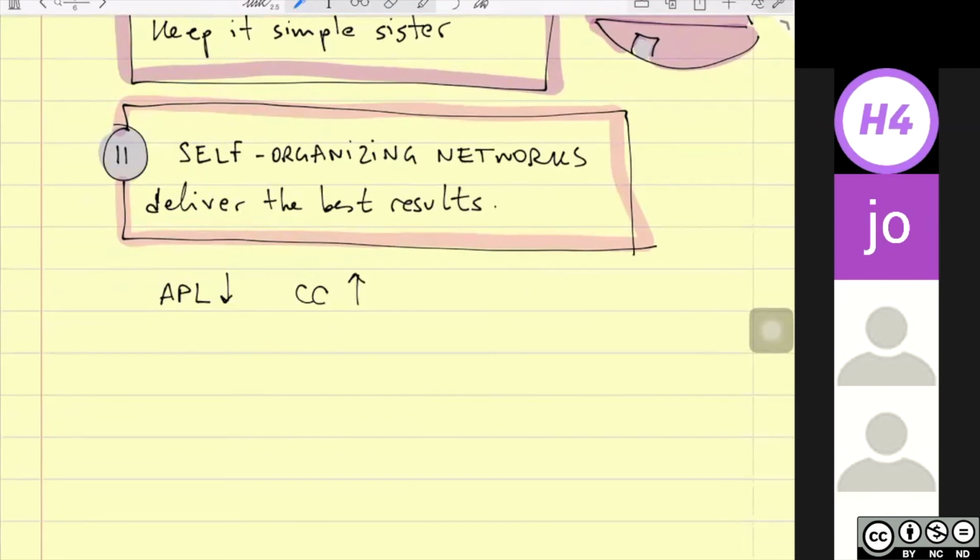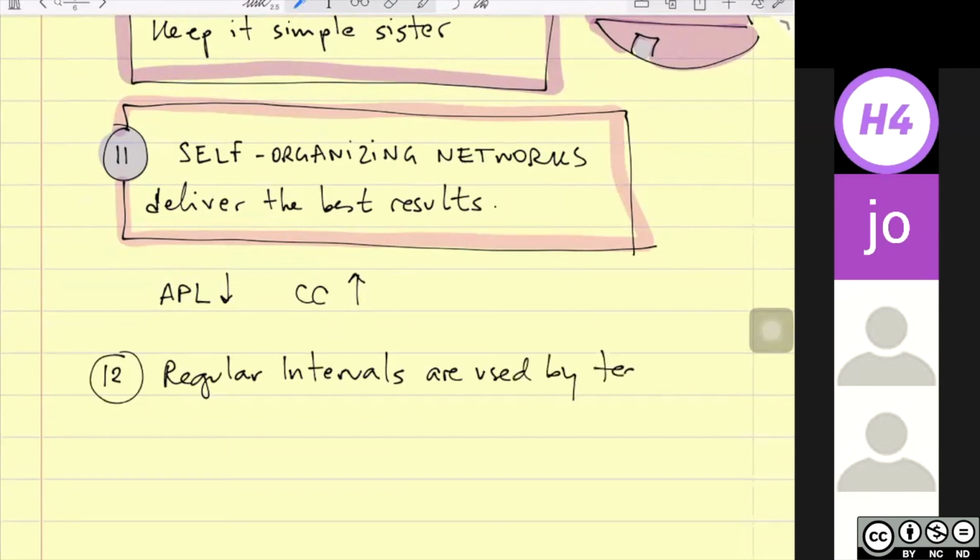And number 12, and we finish with this, is that regular intervals are used by teams to improve efficiency.